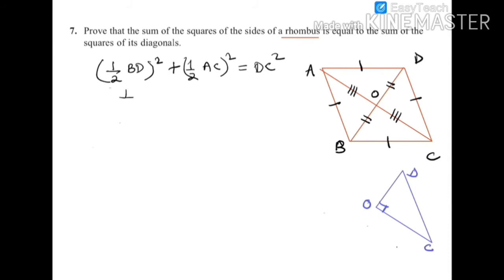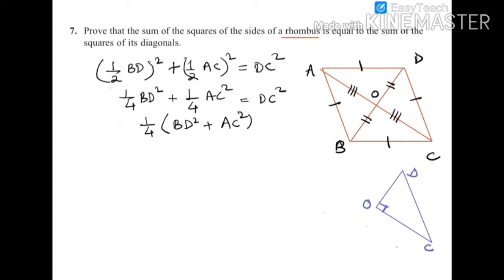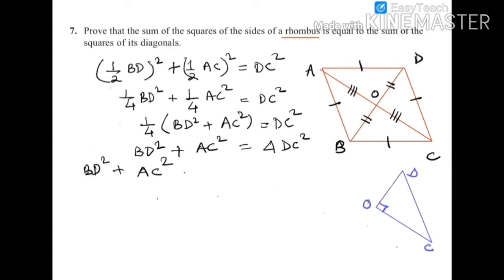On squaring, we get 1 upon 4 BD square plus 1 upon 4 AC square equal to DC square. Taking 1 upon 4 common, we get in the bracket BD square plus AC square equal to DC square. Taking 4 to the other side, we get BD square plus AC square equal to 4 times DC square.